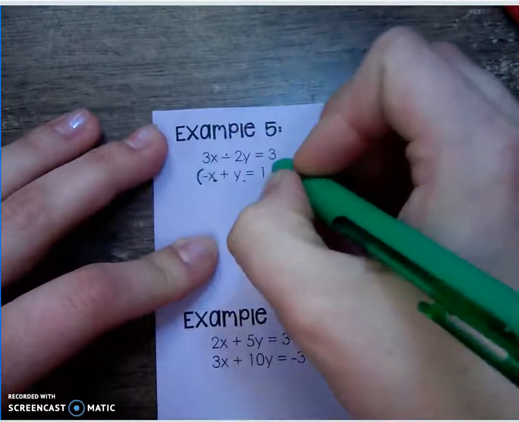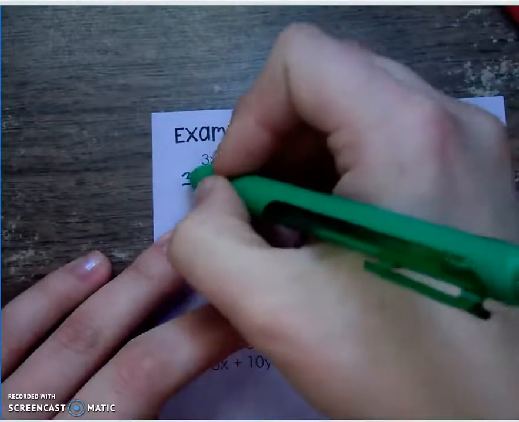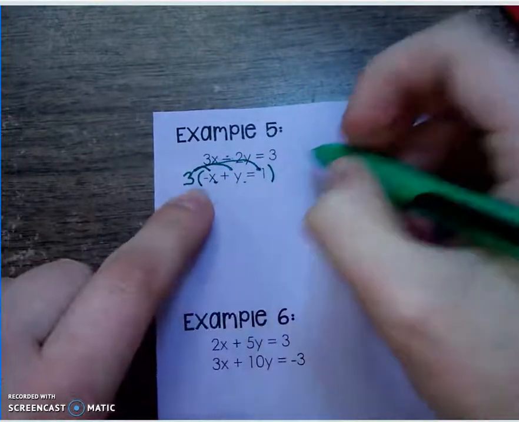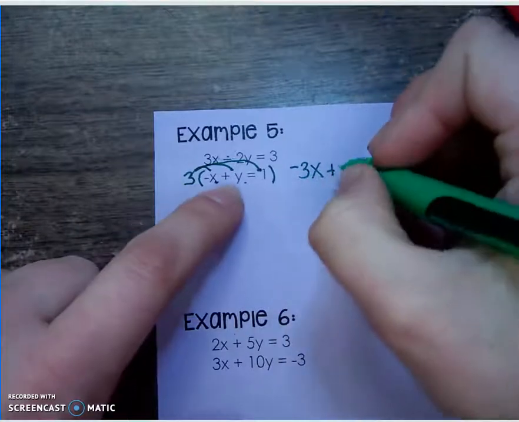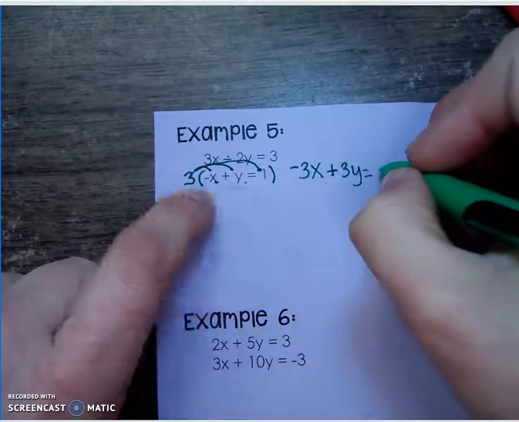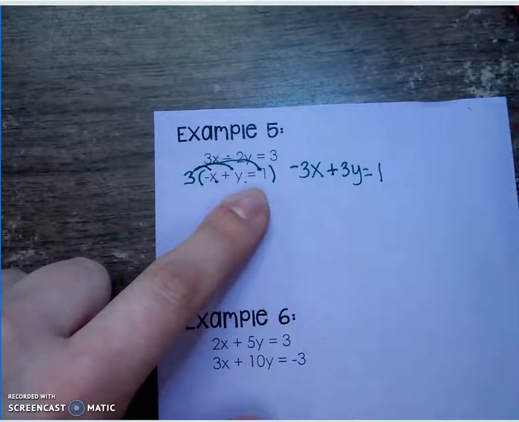I'm going to multiply that entire bottom row by 3. And then I'm going to distribute to everything in that bottom equation. 3 times negative x is negative 3x. 3 times y is 3y, equals 3 times 1 is 3. And then just rewrite that top equation.